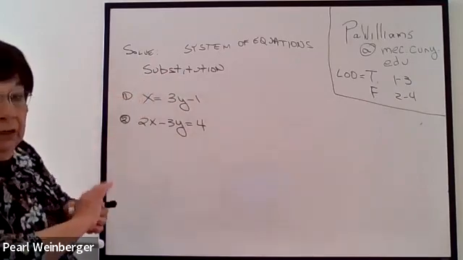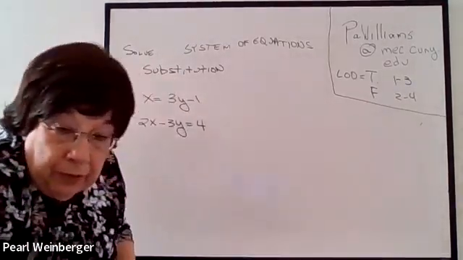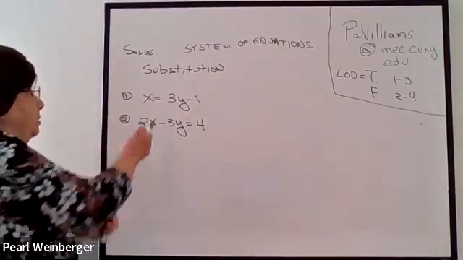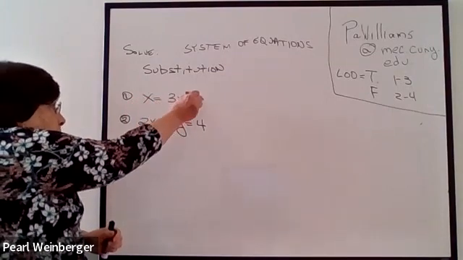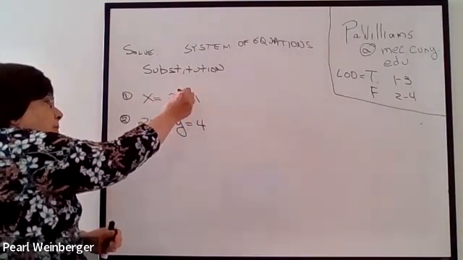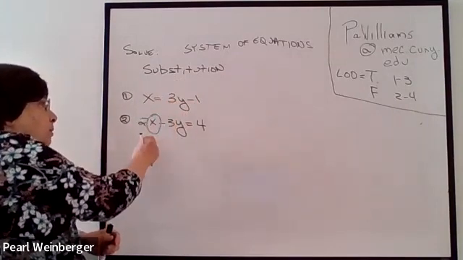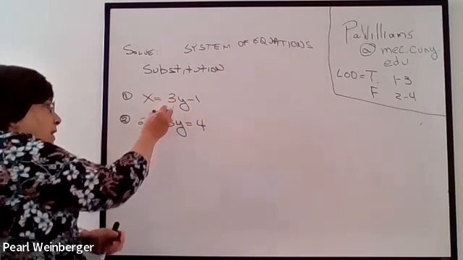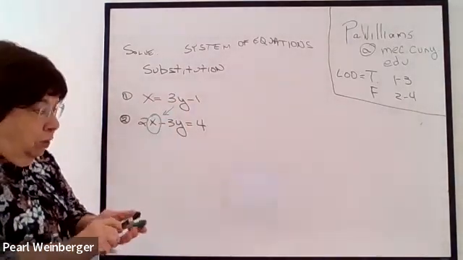This to me looks like a perfect setup for the substitution method, because here I clearly have that x equals 3y minus 1, which means I can go to my second equation, and where I have an x in place of it, I can put the 3y minus 1.